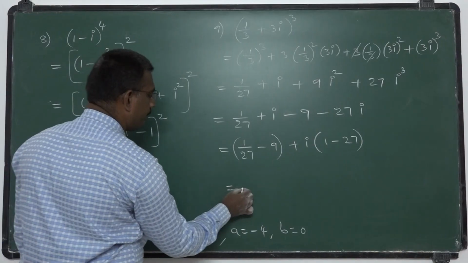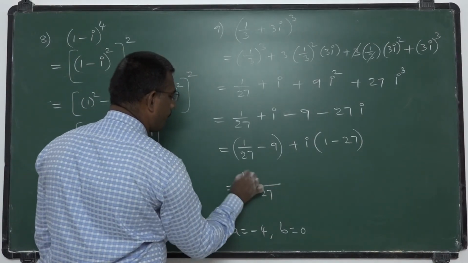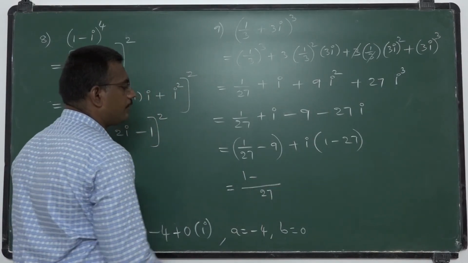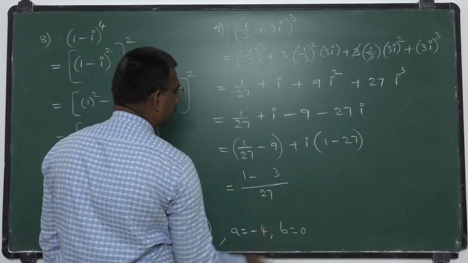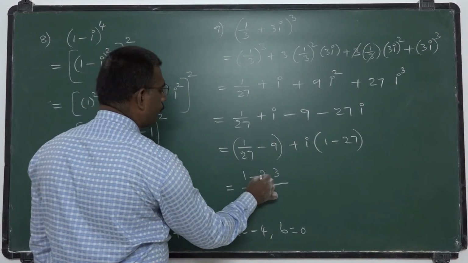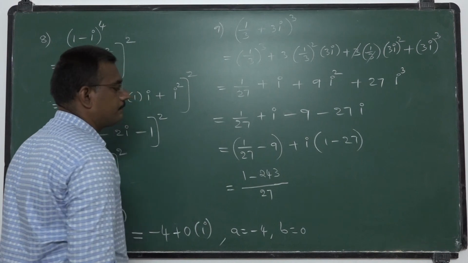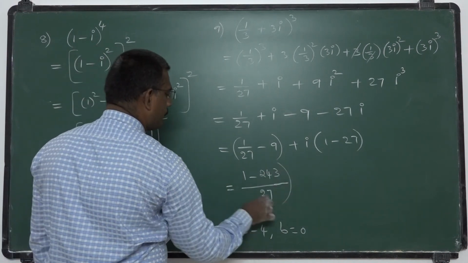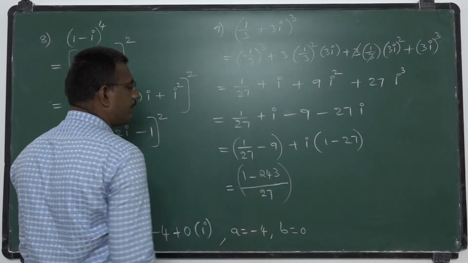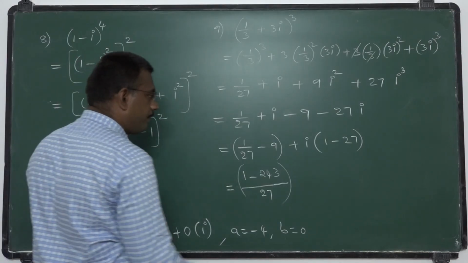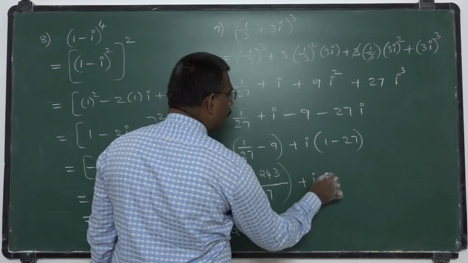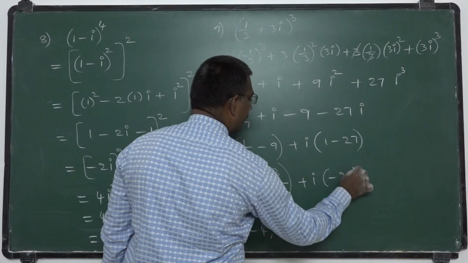Here the LCM is 27: 1 minus 9 into 27 is 1 minus 243, by 27. So 27 into 9 is 243, plus i into minus 26.